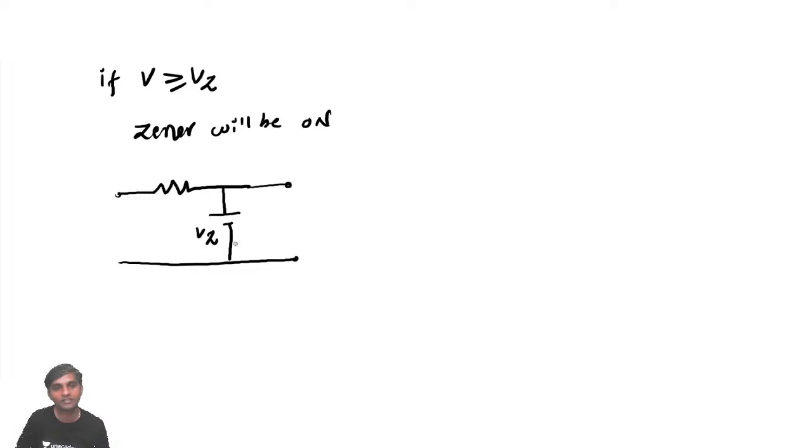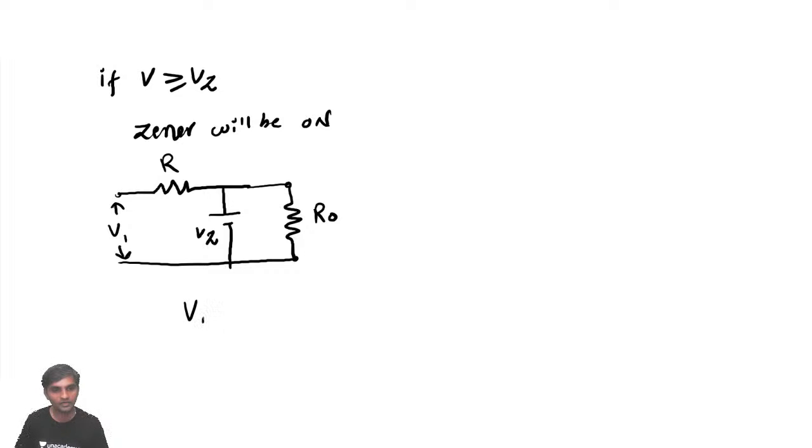Here we have a load resistance RL, and here you have V input and resistor R. So what is going to be the load value of the V output?